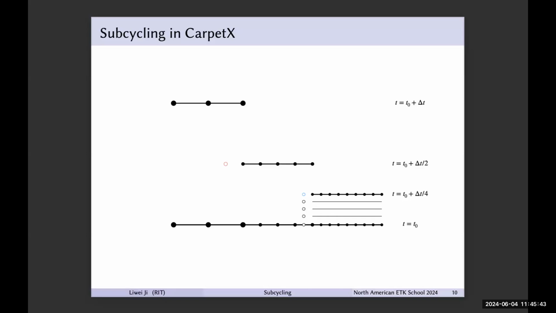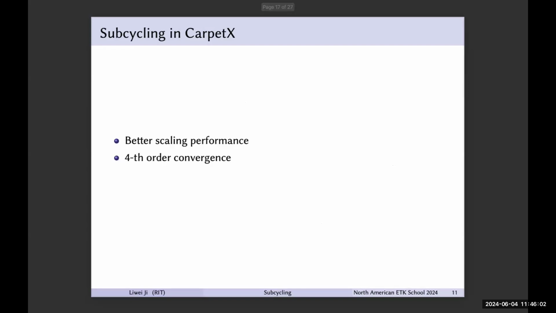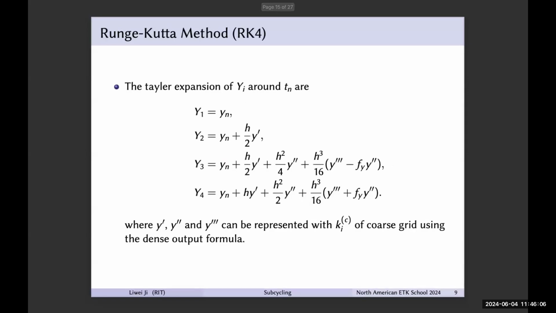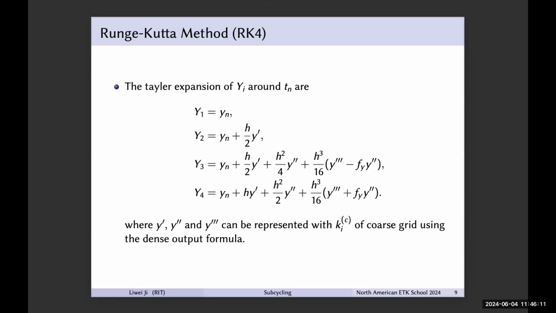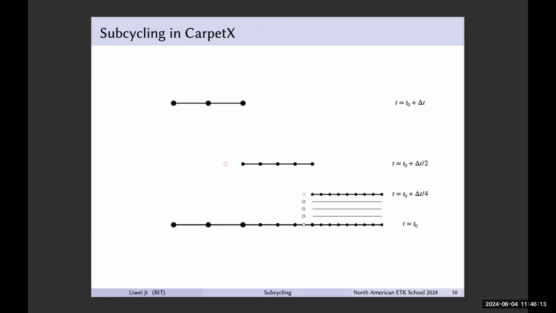So we clearly have this advantage: it has a smaller number of buffer zones, which have mesh refinement boundaries, and we hope it can scale better. Because all the formulas are used up to h to the fourth, it will be fourth order convergent.